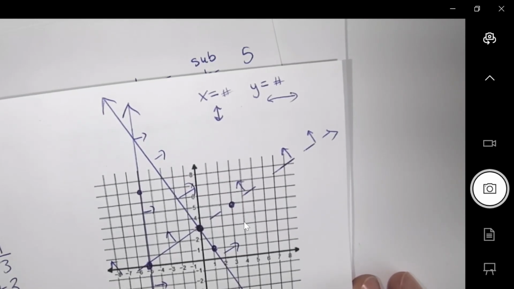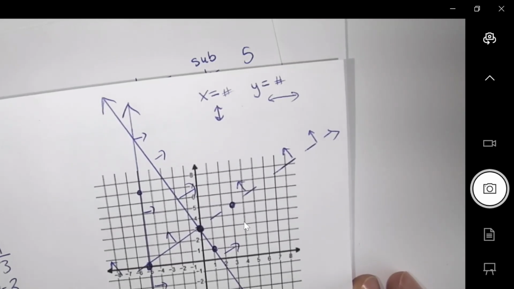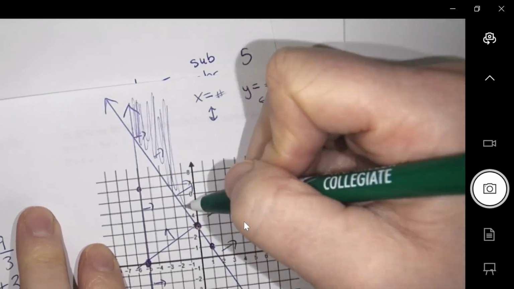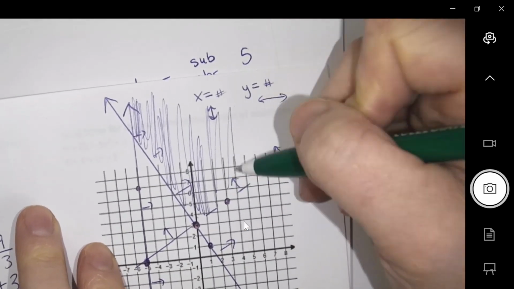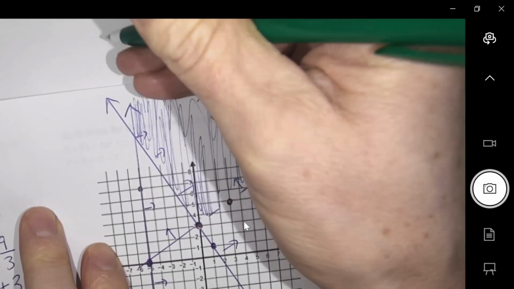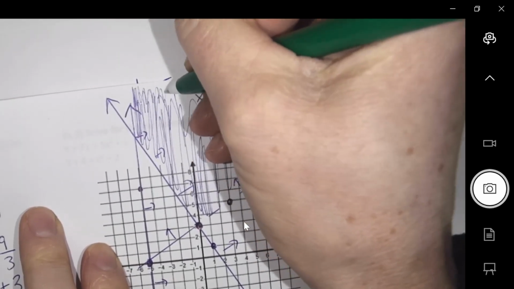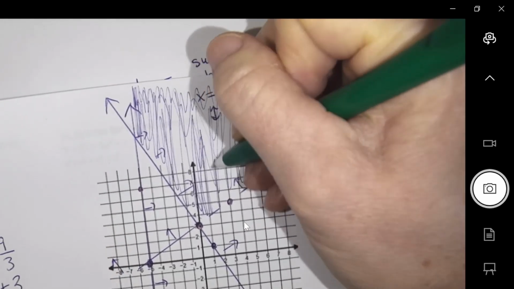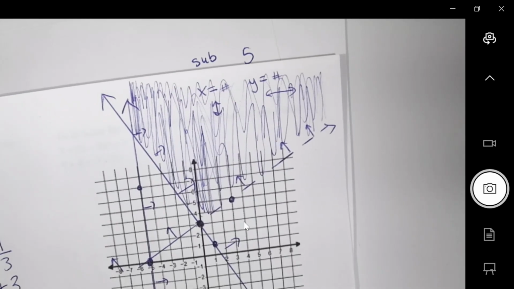So I need a space that is going to work for all of them. So that would be in this zone, all the way up.